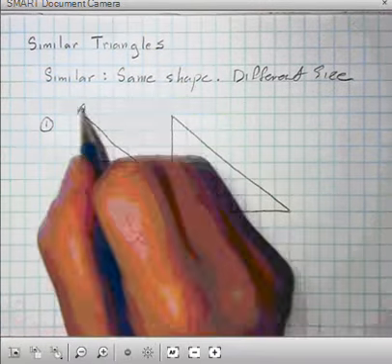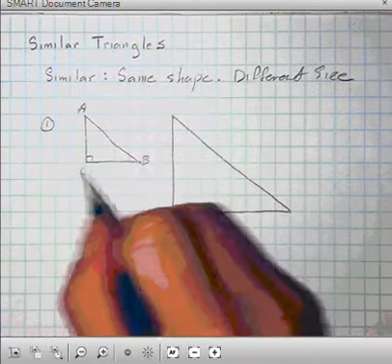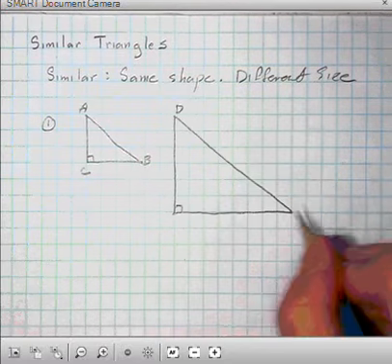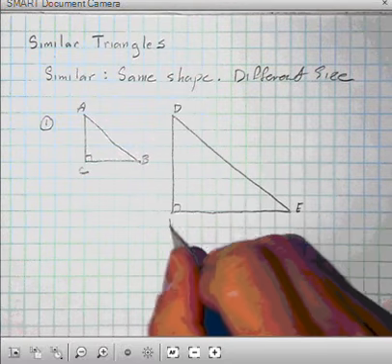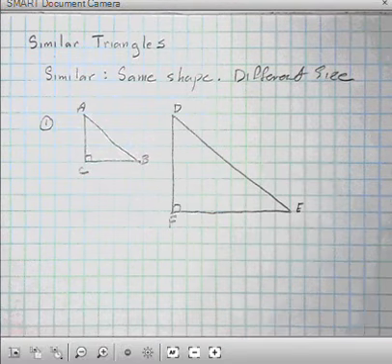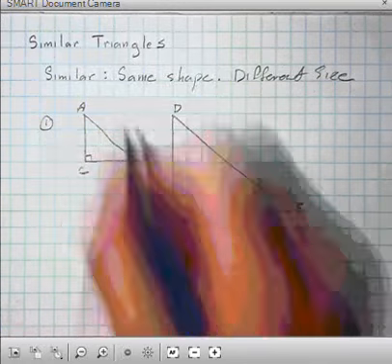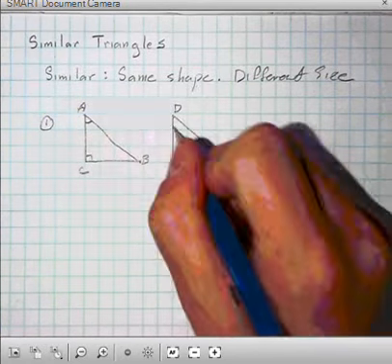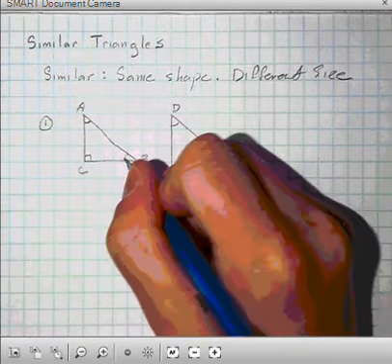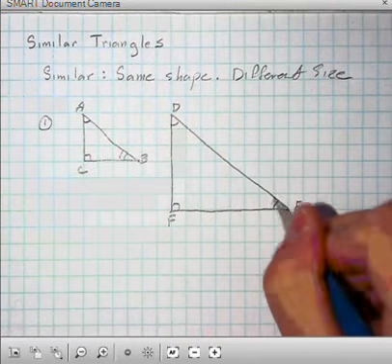And we'll label that A, B, C, and D, E, F. So what I'll do is I'll mark the corresponding corners, or the corresponding angles.